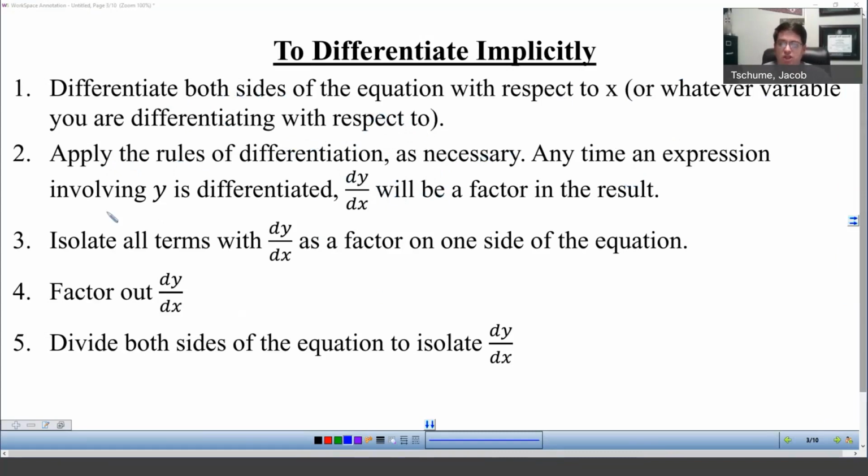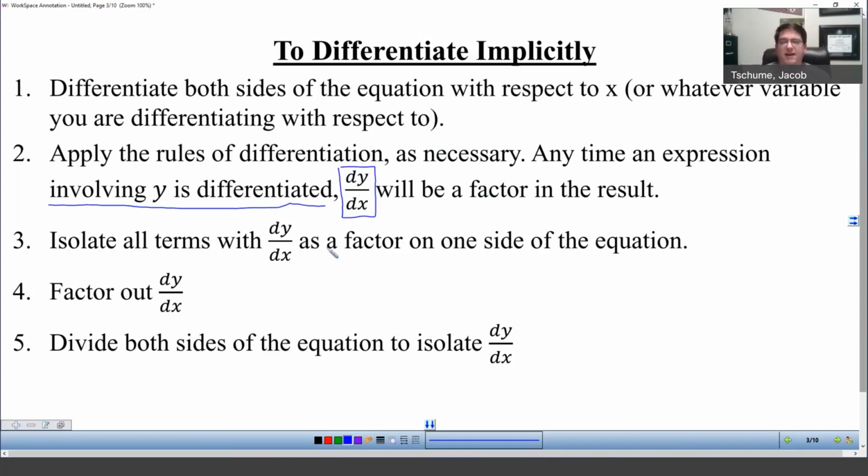Anytime an expression involving a y is differentiated, you will have to put a factor of dy dx onto that derivative. Let me say that again: when you take the derivative of a function involving y, you have to add a dy dx term.